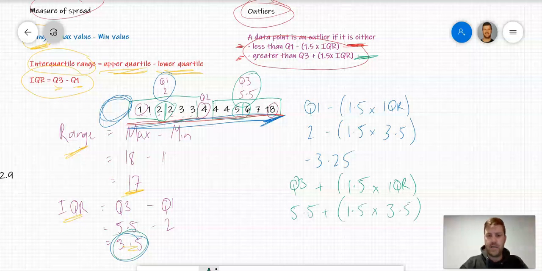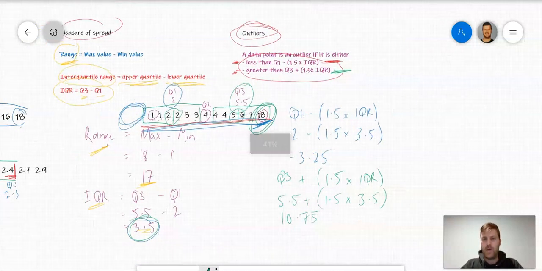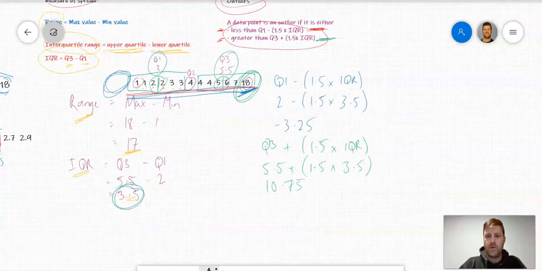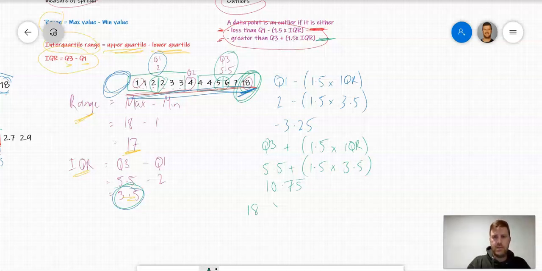I've done that one on a calculator, and the answer there is 10.75. And you can see that there is only one number that's greater than that. You can see that 18 is greater than 10.75. Therefore, 18 is an outlier.